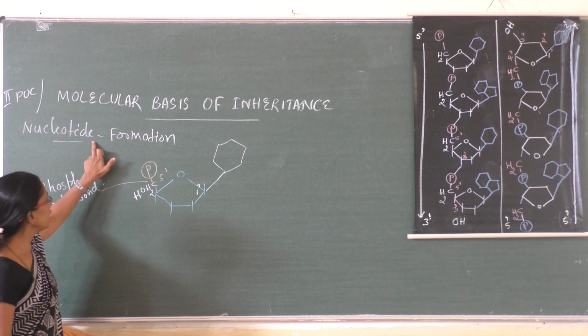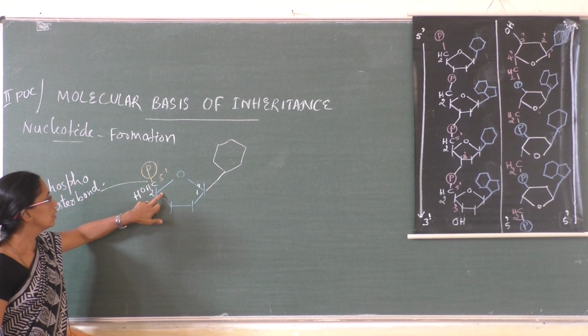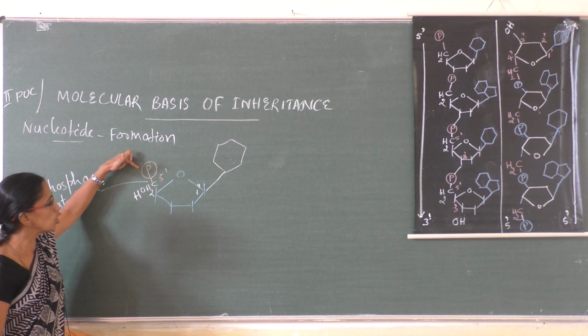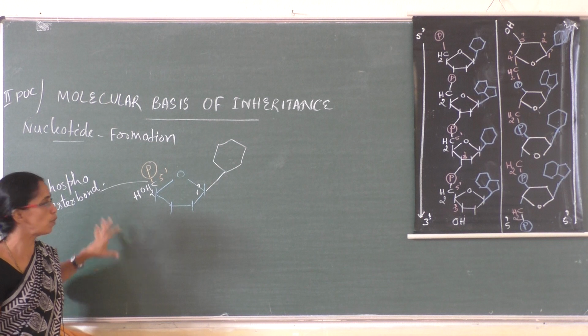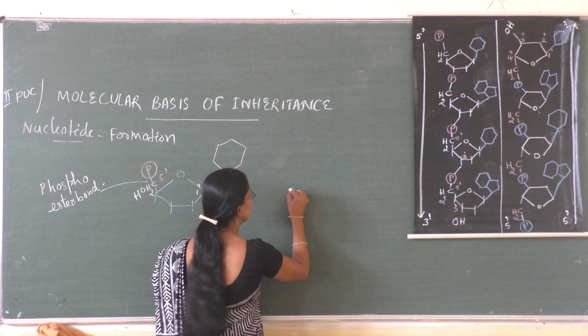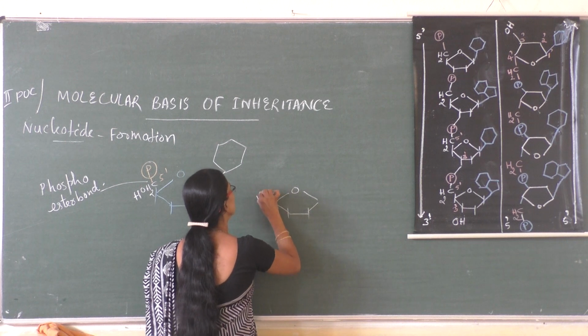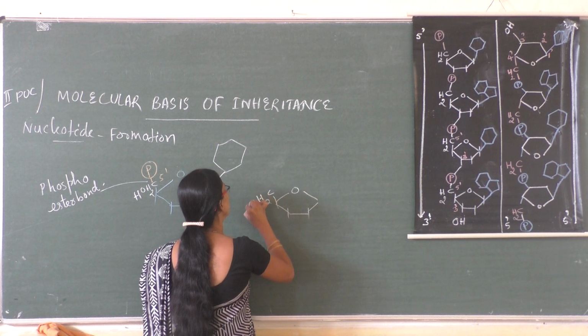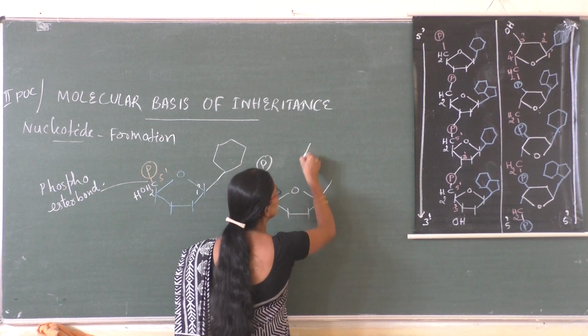So a nucleotide is formed by joining phosphate to a nucleoside by a phosphoester bond. I'll draw for another sugar. Here comes CH2OH and here comes the phosphate, same.